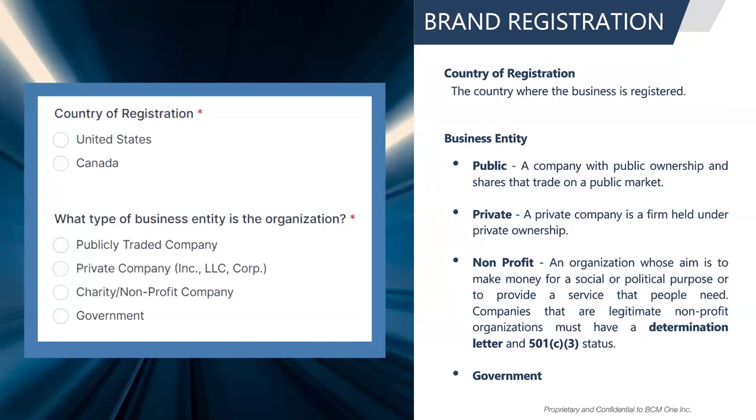So this is an organization whose aim is to make money for a social or political purpose or to provide a service that people need rather than to make profit. So companies that are legitimate nonprofit organizations must have a determination letter and a 501c3 status in order to be verified as such. And lastly, we have government.